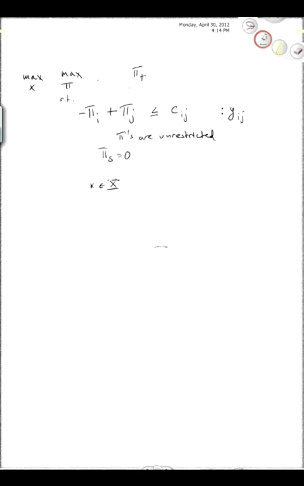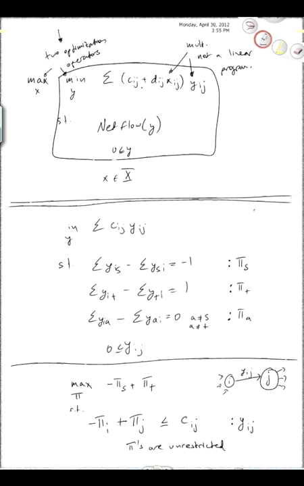So these are the resource constraints on x. And then these x's appeared over here as coefficients of the y variables. So when we took the dual, these coefficients in front of the y variables ended up on the right-hand side.